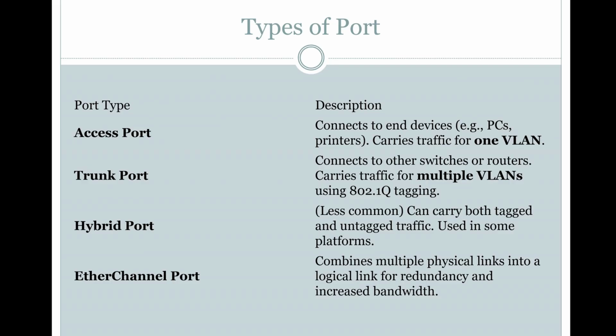These are the types of ports that we have: access port, trunk port, hybrid port, and EtherChannel port. A hybrid port can carry both tagged and untagged data. It is not commonly used; it is very specific to certain platforms. For EtherChannel, we connect switch 1 and switch 2 with a single cable, so the throughput is whatever the port and link capacity is. But we can connect more cables and put them in a bundle, so the throughput will be increased.